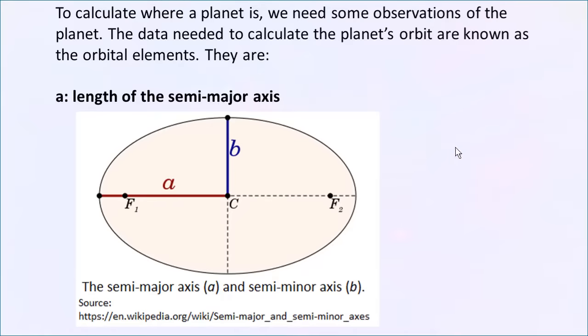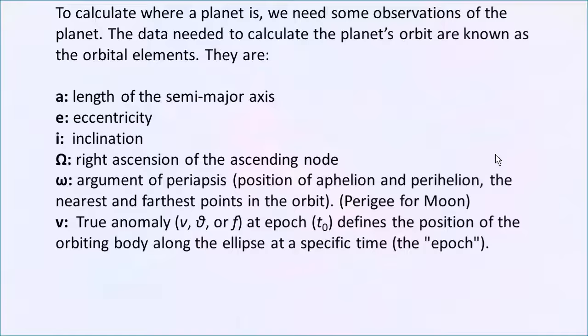So before you can predict where the planet is, you need to make some observations. You just have to look and see. So first we need to know what the semi-major axis is. Again, that distance is used just as a standard, just so we all use the same thing and we don't have to explain our assumptions. It makes it simple. We'll use the semi-major axis.